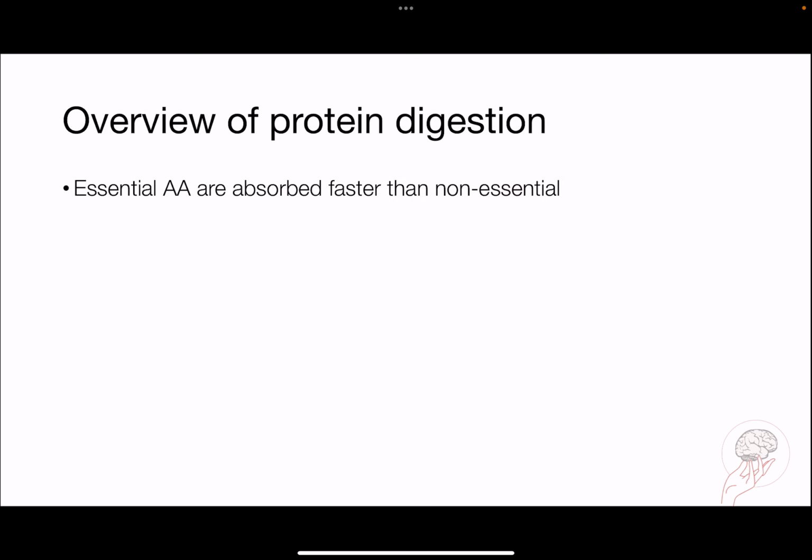So, an overview of protein digestion. As the digestibility protein index hinted at, essential amino acids are absorbed faster than non-essential. And branched chain amino acids are absorbed faster than smaller amino acids. And this should make sense because these can be used for energy.